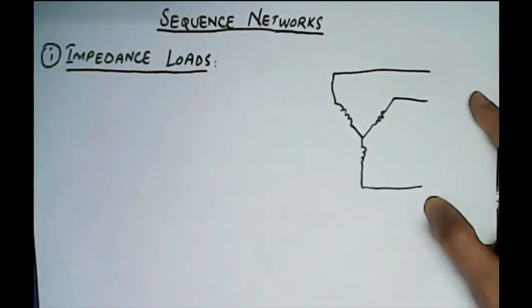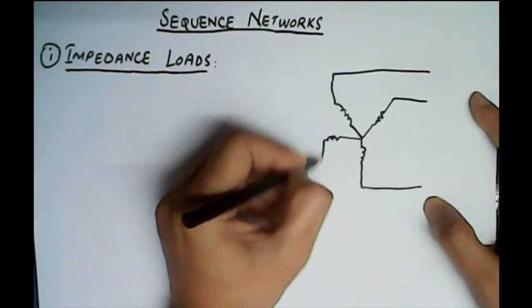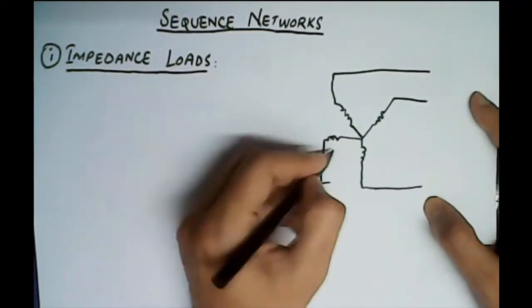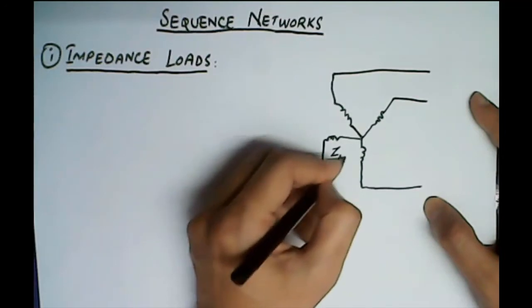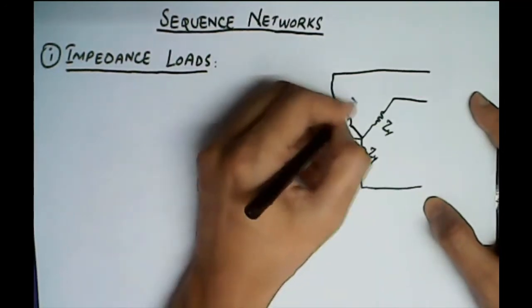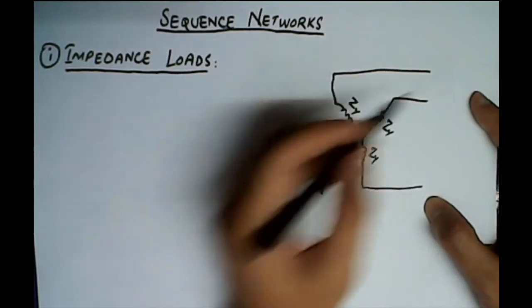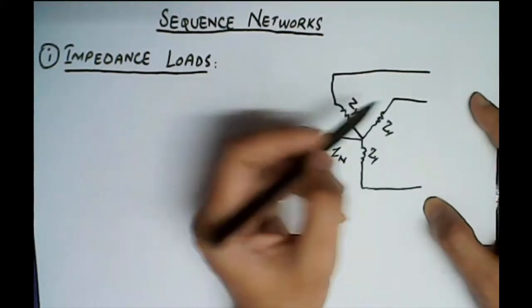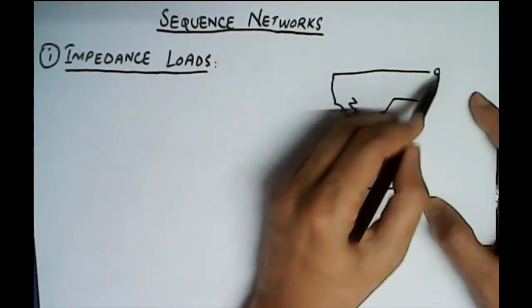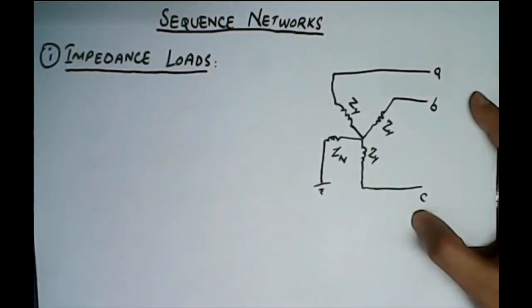Y connected load, and here our neutral is grounded by an impedance of Zn, and Zy is the phase impedance for each branch. This is phase A, B. At the moment we are considering a balanced load.